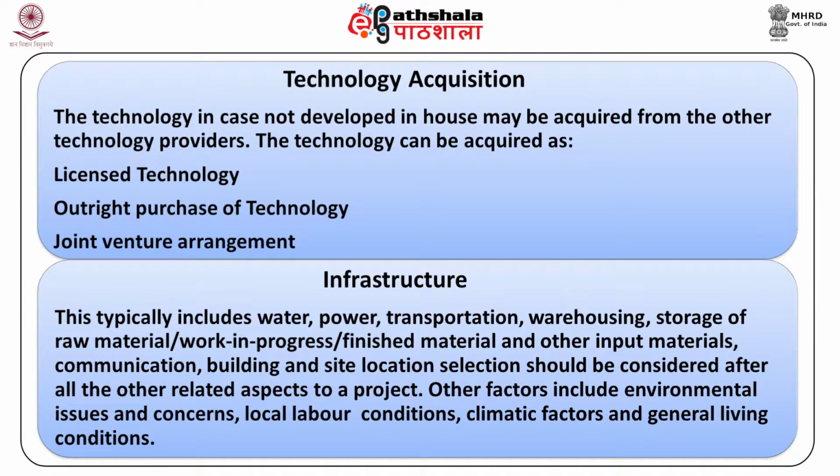Technology acquisition. The technology, in case not developed in-house, may be acquired from other technology providers. The technology can be acquired as licensed technology, outright purchase of technology or joint venture arrangement.